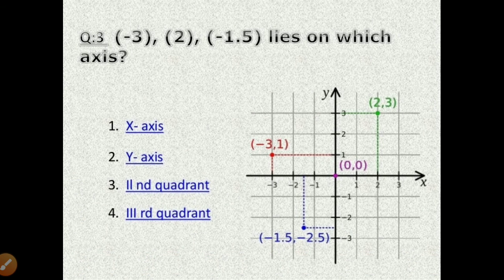Next, you need to locate the position of these points. The coordinates given are -3, 2, -1.5. On which axis do they lie? You need to tell the exact position of these points. Tell me all the answers in the comments.